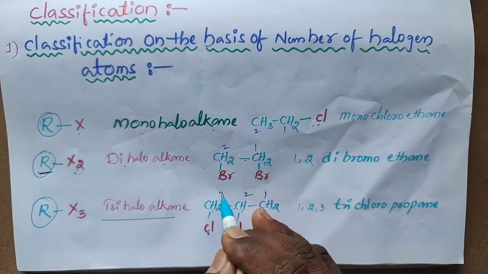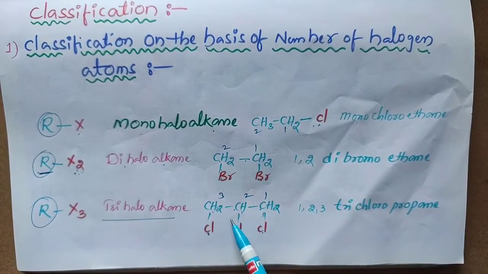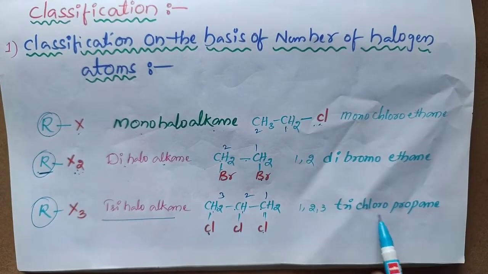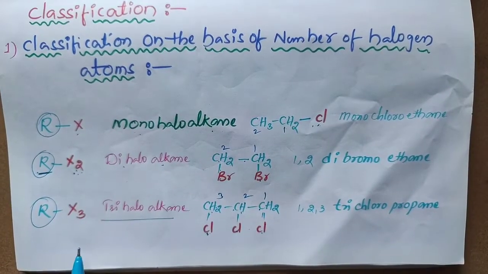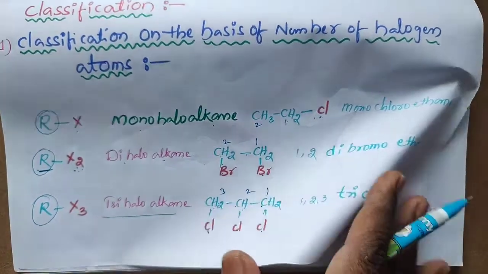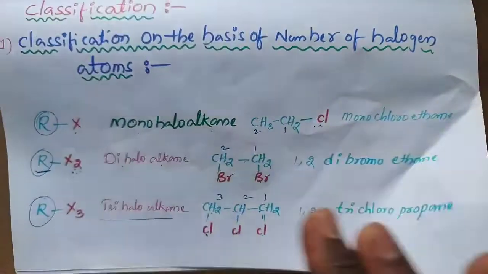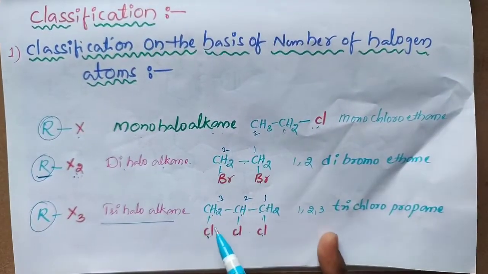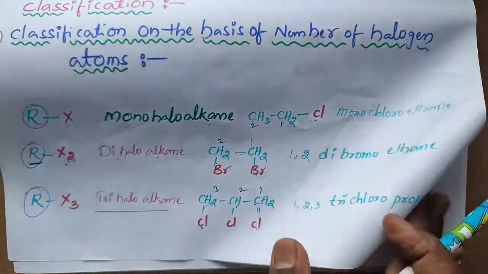Numbering 1, 2, 3, this is 1,2,3-trichloropropane. This is for alkyl groups, haloalkanes, and next we go to the haloarene point of view.